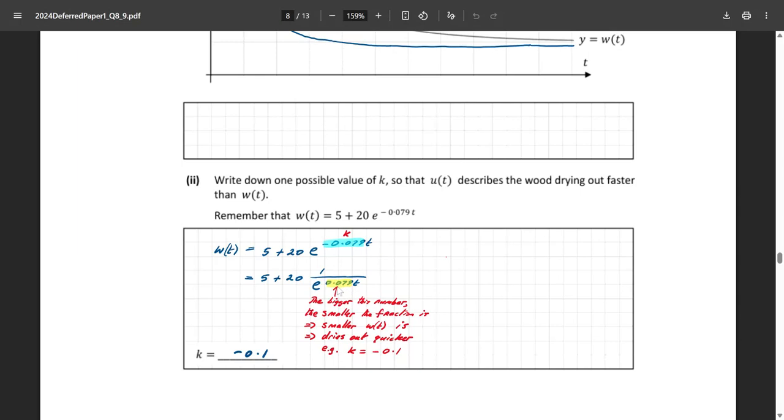For example, 0.1 is bigger than 0.079. And lastly, not forgetting our minus when it goes above the line again. So the minus number there. So basically any number like 0.1, 0.2, whatever, would be a good enough answer here. We just want one value that describes this. And that's it.